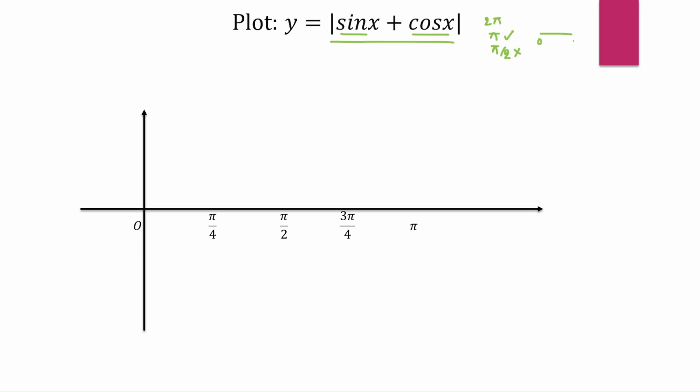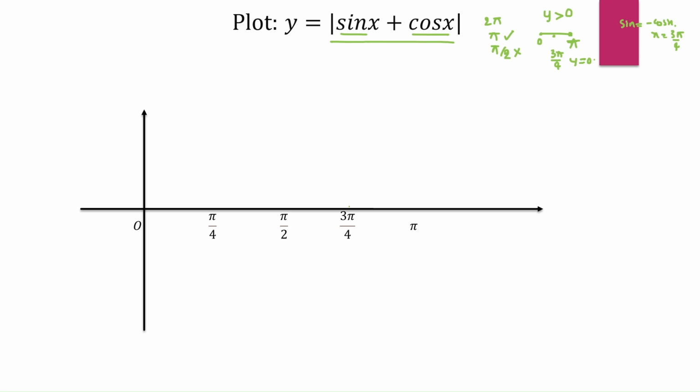So if we can plot the function between 0 and pi, it would be the same all the time. Since y is a modulus function, y is always greater than or equal to 0. Next, let me find the zeros of y between 0 and pi. y will be 0 when sin x equals minus cos x, which happens at x equal to 3 pi by 4.